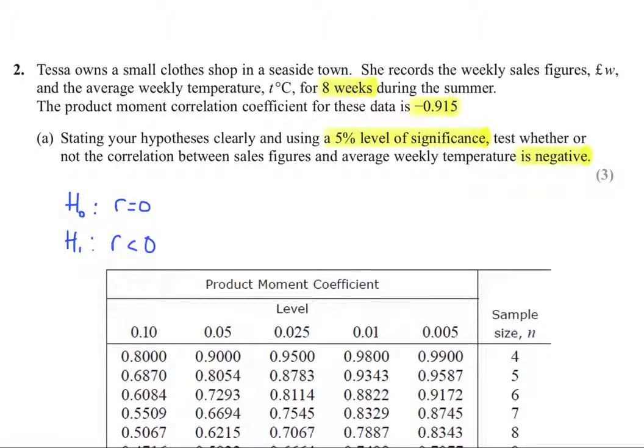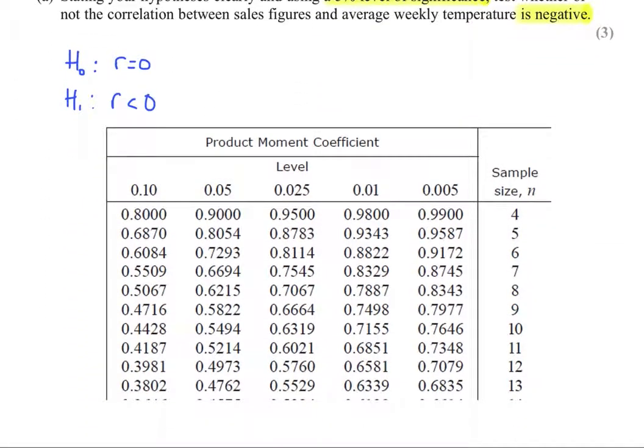If I just scroll down a little bit, you'll be able to see a bit more of it. And what we're looking for is, we've got a sample size of 8, so we're looking in this row, and we have a significance level of 5%, so 0.05.